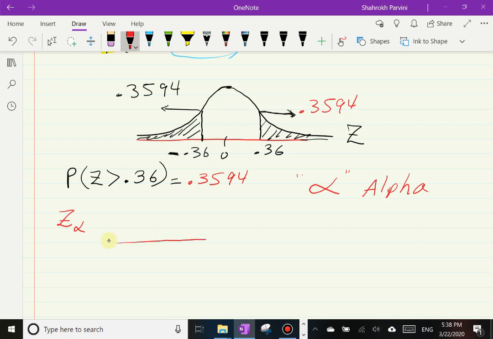If I draw the normal distribution, the center is 0, standard deviation 1, right? That means a z-score such that the area to the right is alpha. Now the z here that I have, by the way, is capital Z. This is the name of the variable, whatever z is.